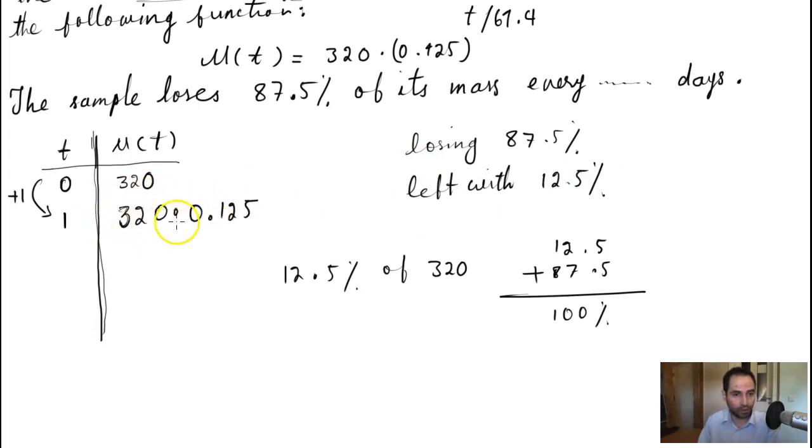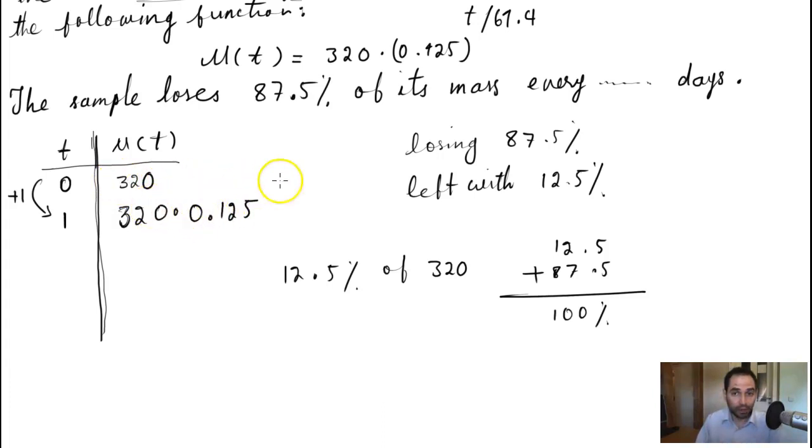So you're multiplying 320 by 0.125. This happens when t goes from 0 to 1. Every time t is incremented by 1, this happens, and you are left with 12.5% of whatever you had in the previous cycle of t.